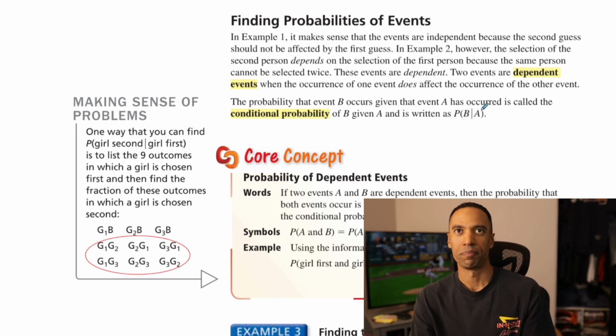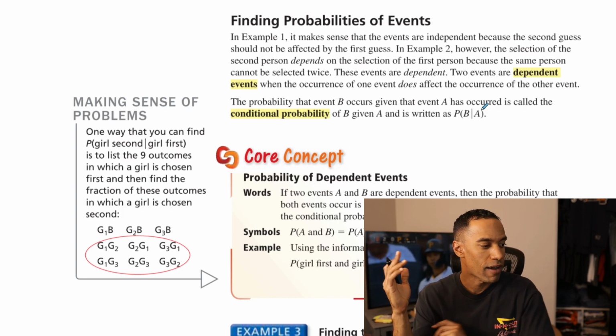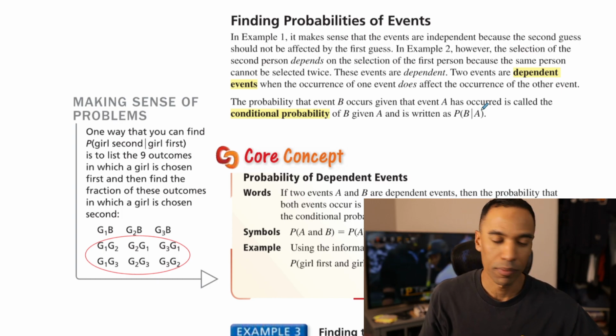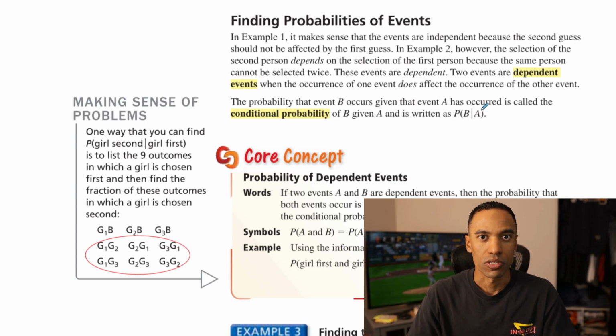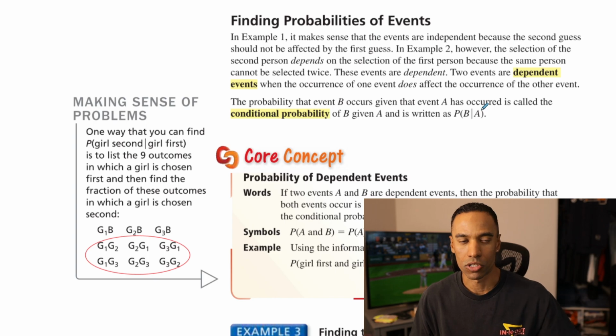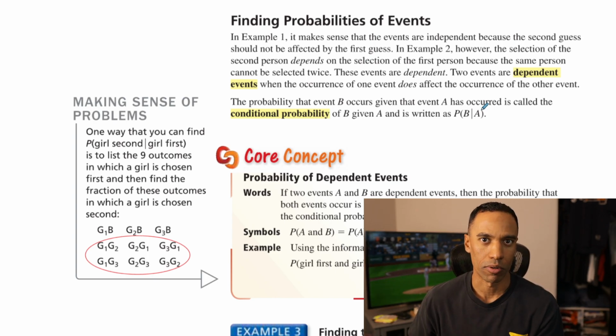Let's put it this way. Find the probability that a randomly selected person is a voter from Los Angeles. It's whatever, 1.1%.